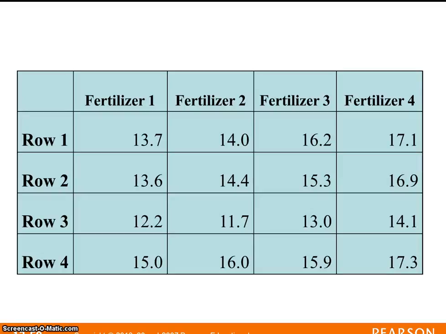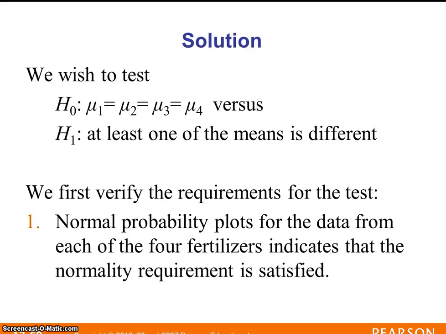So we basically wish to test whether the means for all these fertilizers are the same. So either the means will be the same, or at least one mean is different. So we first have to verify the requirements for the test, normality and things like that. And again, I'm not necessarily going to show you the normal probability plots in this case, but a lot of times it will say, for example, on the exams, you can assume that conditions are met.